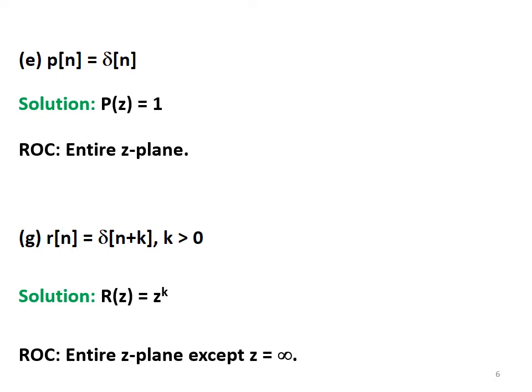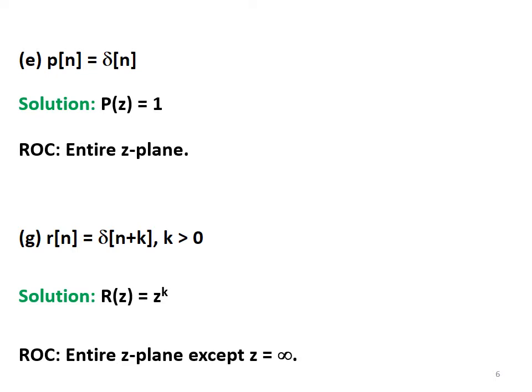Now in this example number 1, we considered all finite sequences, right, with a limited number of samples, and in all these cases the region of convergence came out to be the entire z plane except some points, either infinity or 0 or something else, right?